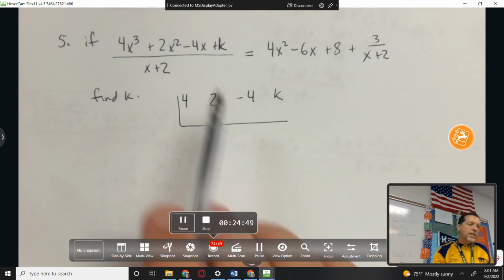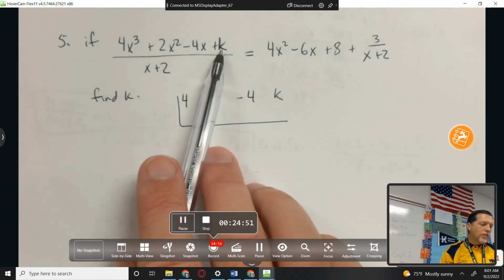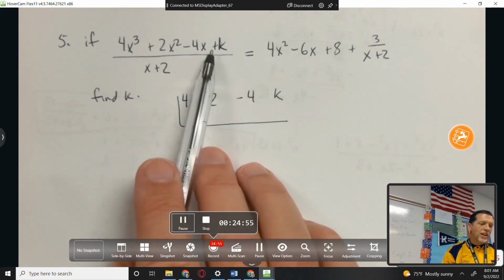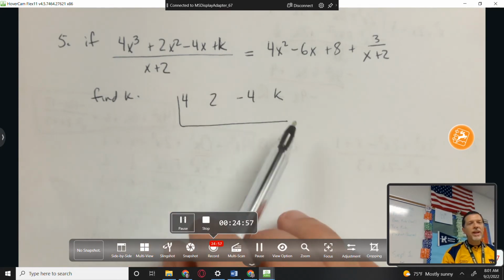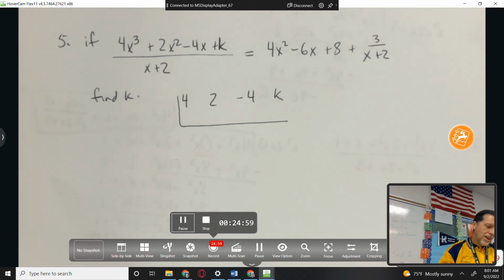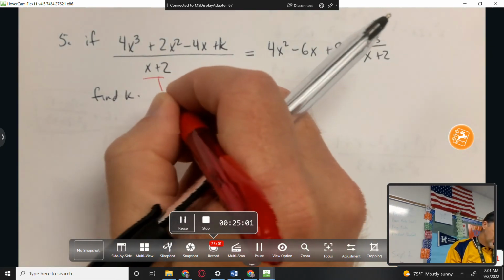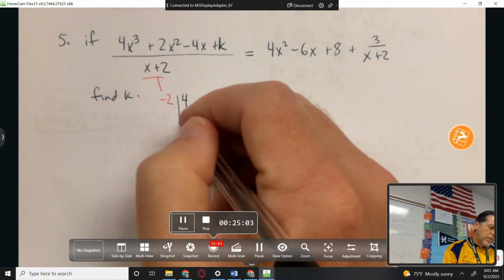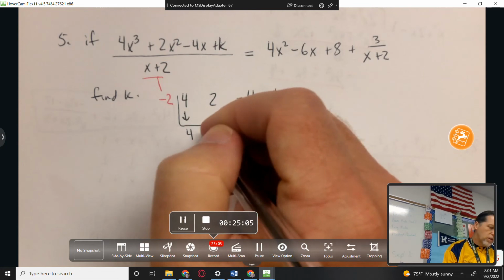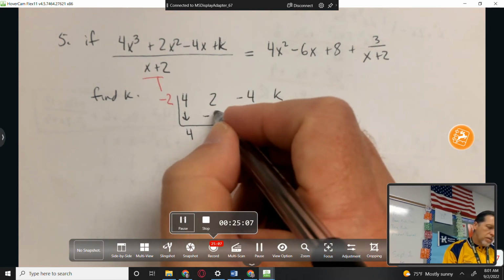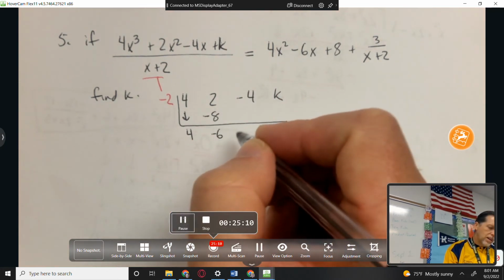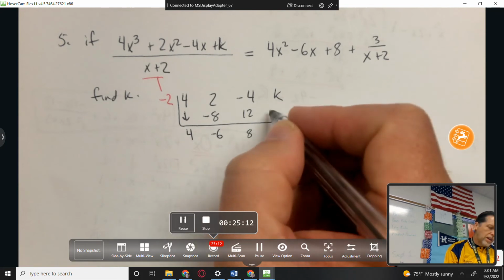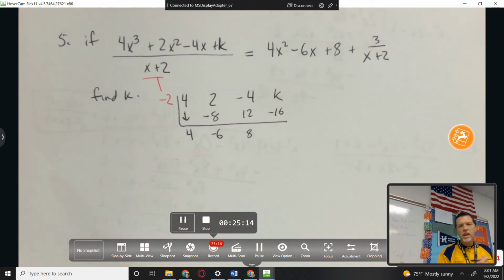Yeah, but k isn't a coefficient, k is the number that we're looking for. Like I know what you're saying, the coefficient of k is 1, but that's not what we're looking for. We're looking for k. Negative 2 goes there. So 4, multiply, add, multiply, add, multiply. How do I add k and negative 16?